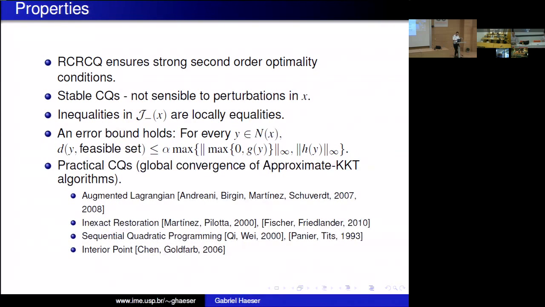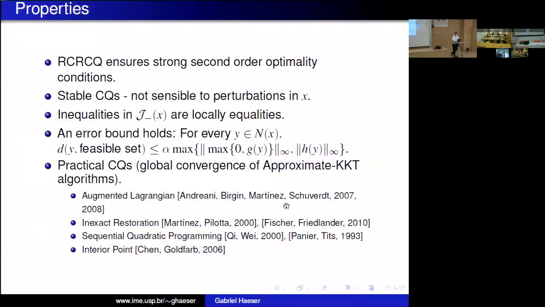And the idea to do this is very simple. We simply have to prove that these algorithms generate approximate KKT sequences. That's what we do. And the way we build this condition is by proving that the approximate KKT optimality condition is stronger than this optimality condition given by this constraint qualification.